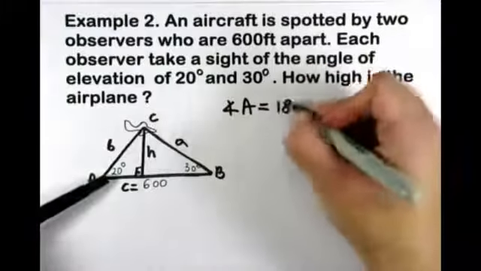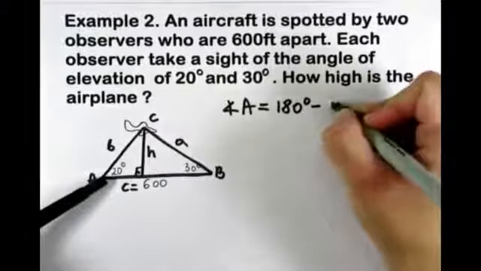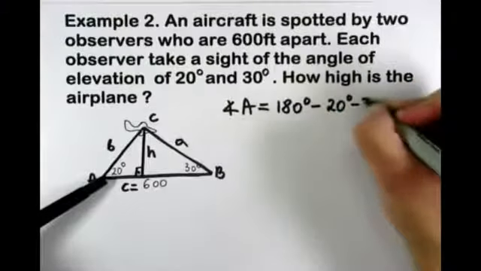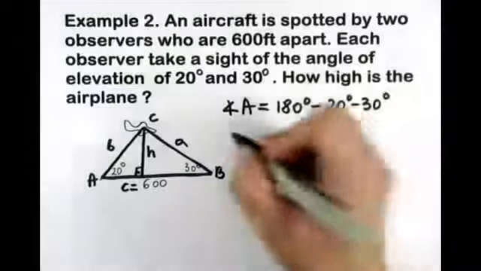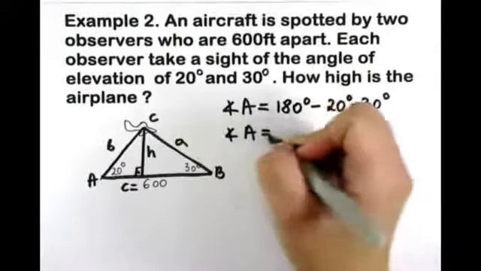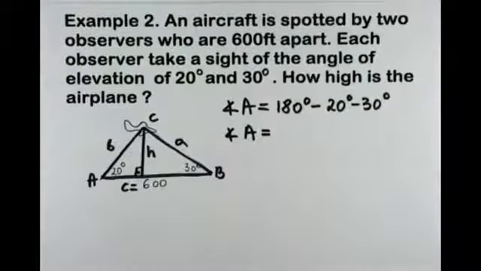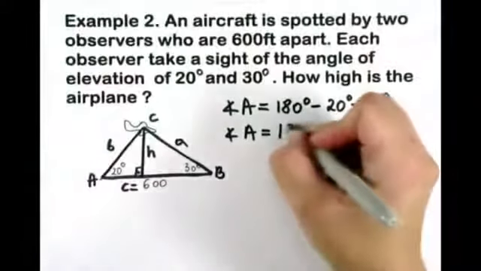So it's 180 degrees minus 20 and minus 30. So angle A gives me 130 degrees.